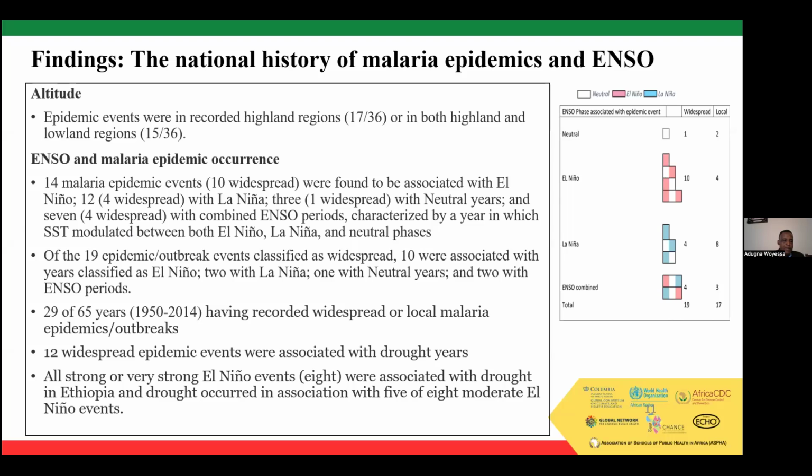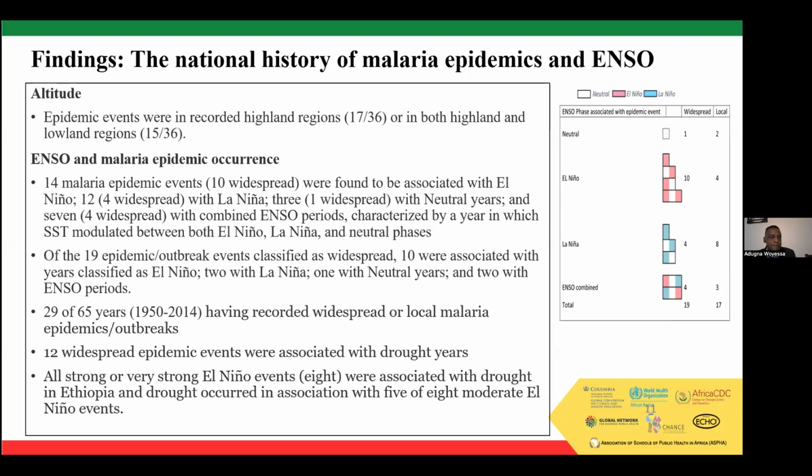Thank you, Mariam. So immediately moving to our findings, altitude is one of the important factors in epidemic occurrence. Epidemic events were recorded in highland regions. We identified 36 epidemics of various magnitude, and 17 of them occurred in highland areas, and 15 of them in highland and lowland regions.